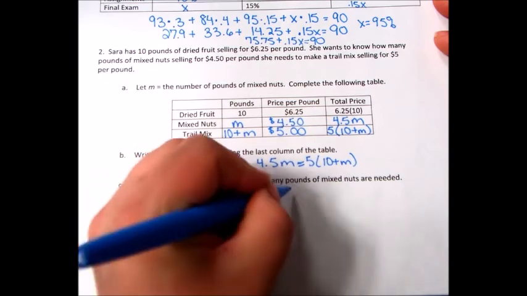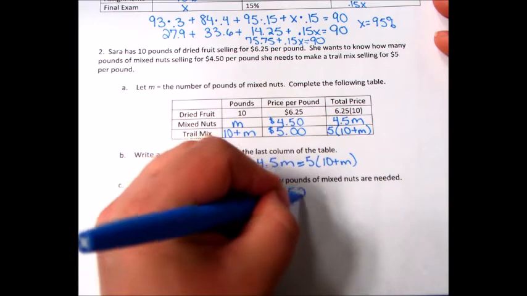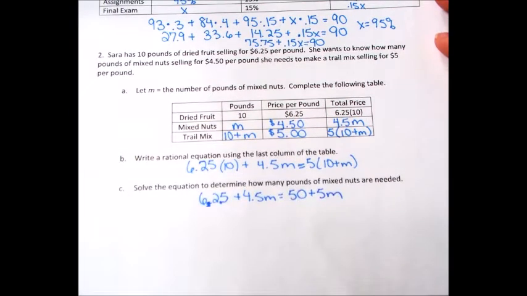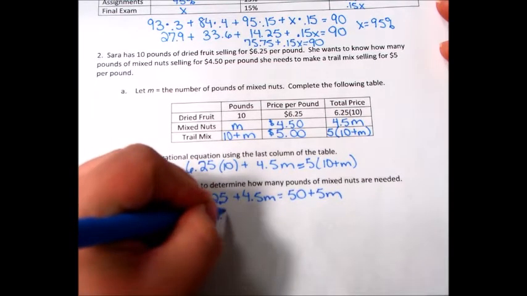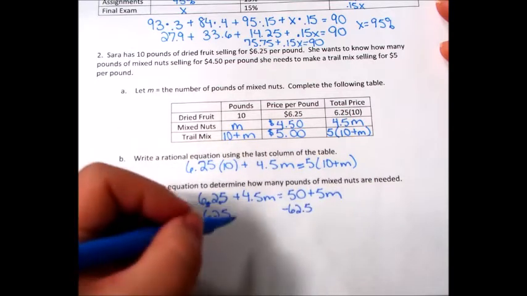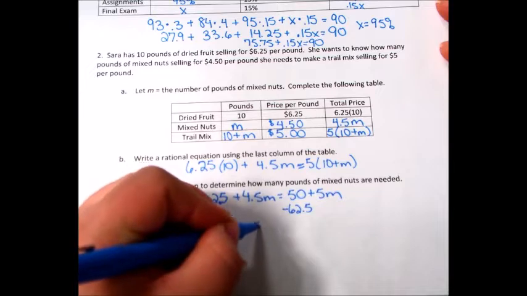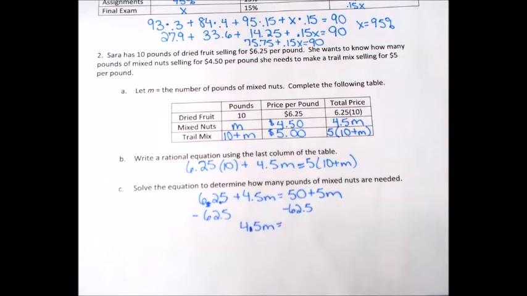So I have 50 plus 5M. So I'm going to go ahead and subtract 62.5 from both sides. And I get negative 12.5.